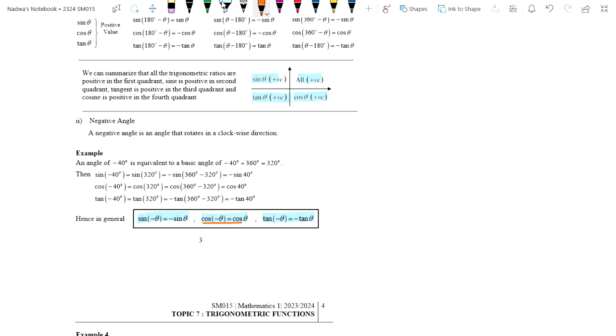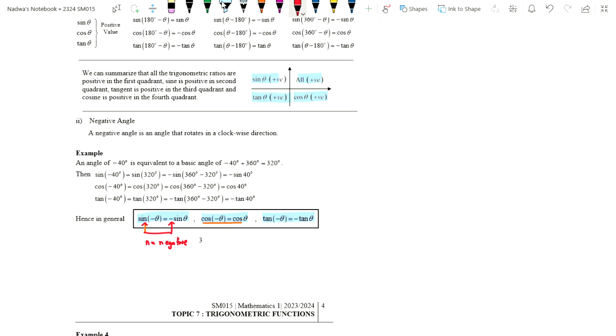And another way to remember this is, okay, you see sin has the letter N, right? Sin has the letter N. So that N is referring to the negative sign here. N equals to negative. Okay, cos. Does cos have an N?